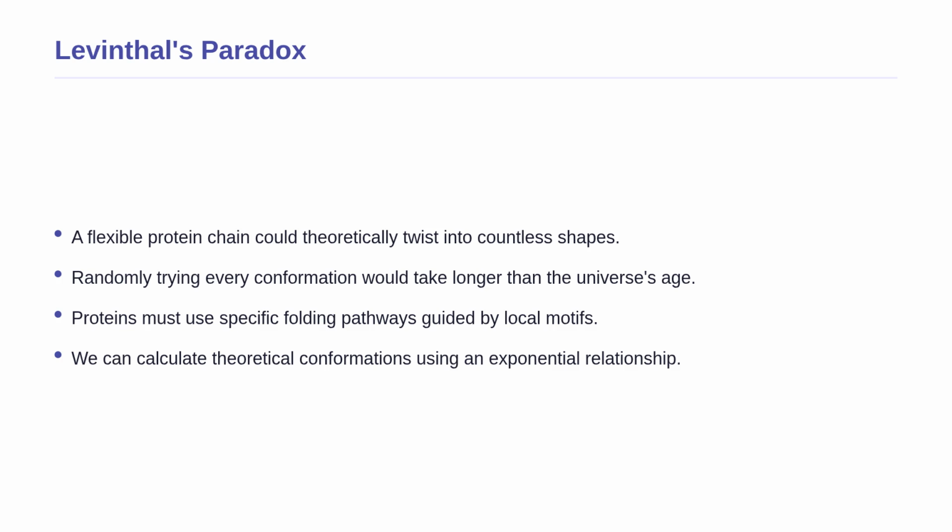Cyrus Levinthal proposed a famous paradox, highlighting that if a protein tried every possible conformation randomly, it would take longer than the age of the universe to fold into its correct domain structure. This tells us that proteins absolutely do not fold by random chance. Instead, they must use specific folding pathways, guided by the rapid formation of local motifs. Let us look at the mathematics behind this paradox.